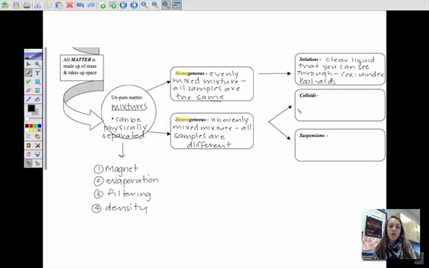Heterogeneous, however, has two different types of mixtures. First is a colloid, and that is an unclear liquid or gas that scatters light. So some examples of this are milk and fog.